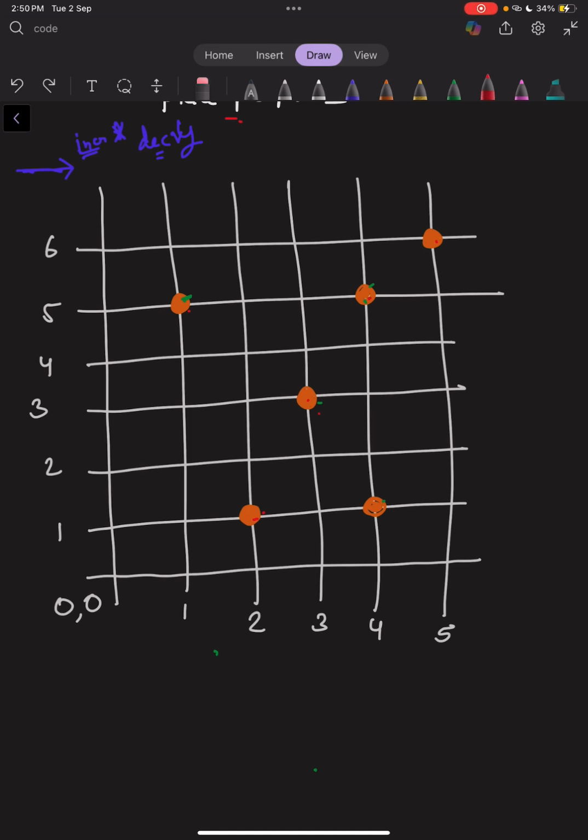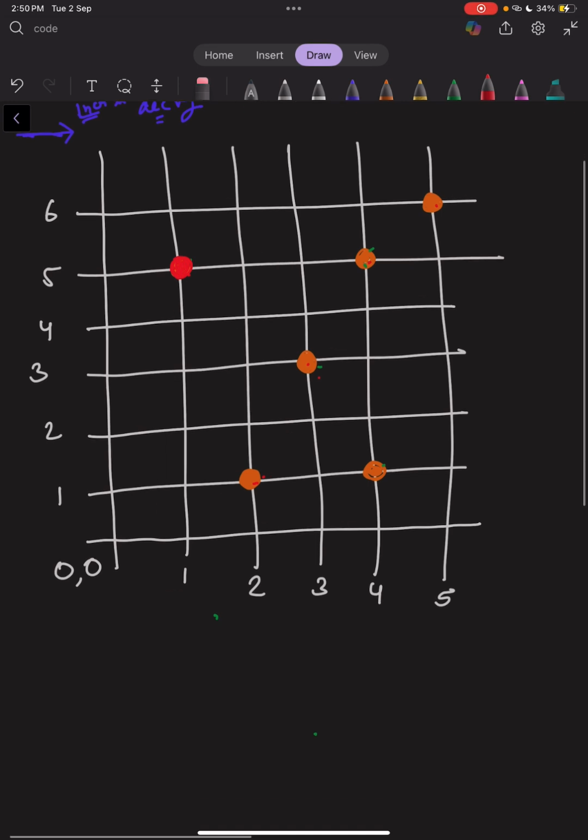See, this is the first point, right? So we will start with this point. If you see, for this point, what is the dedicated area in which, if we place any point, it definitely will make a rectangle?